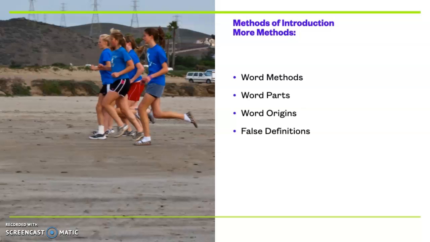Word origins, I could always explain where the word came from, but that really wouldn't be a part of the lesson. But in the end, they're just trying to get the message of having proper aerobic exercises so you can have a strong cardiovascular system.